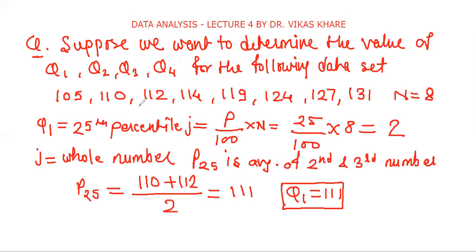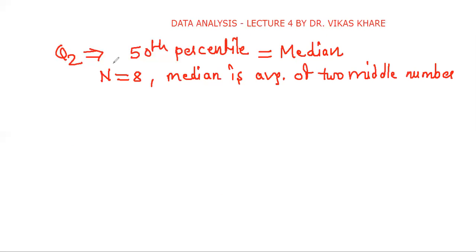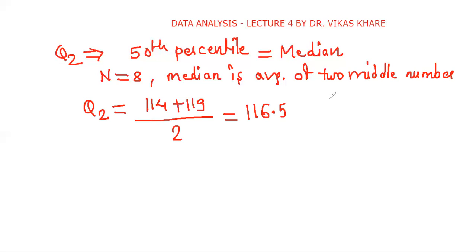So the value of Q2 is 114 plus 119 divided by 2, which is 116.5. So the value of P50 is equal to Q2, which is 116.5.